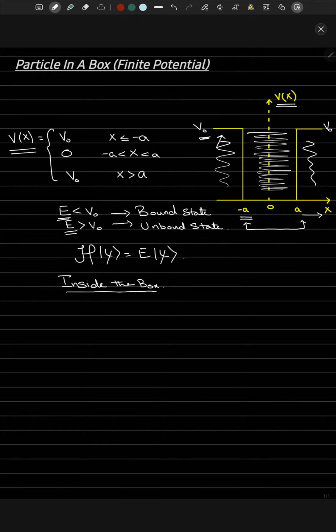and if you recall, this Hamiltonian is basically p square by 2m plus some potential V of x. That's the total energy of the system.